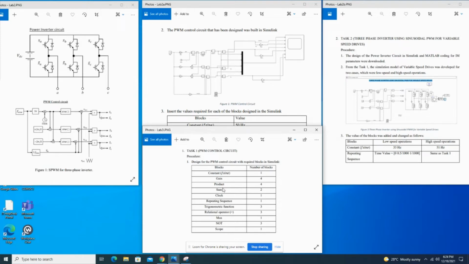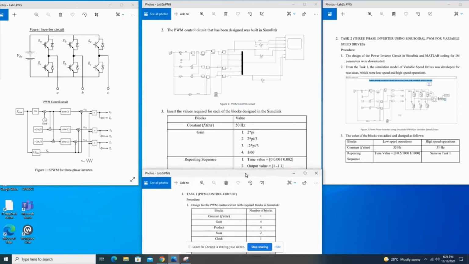Then you have the product signs, the circular ones, and 2 sums as well. Then you have the repeating sequence, three trigonometric functions, 3 relational operators, the NOT block, and lastly the scope. So this is for the whole pulse width modulation.